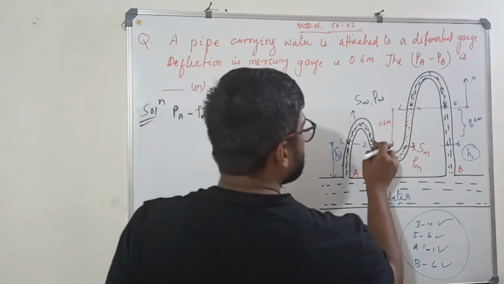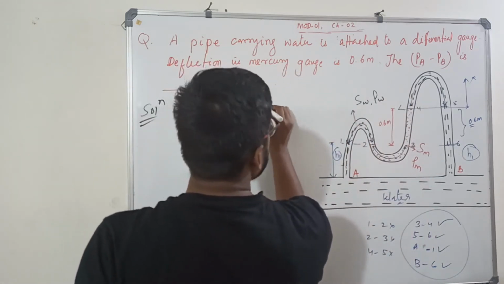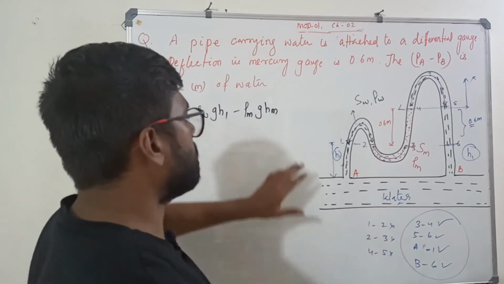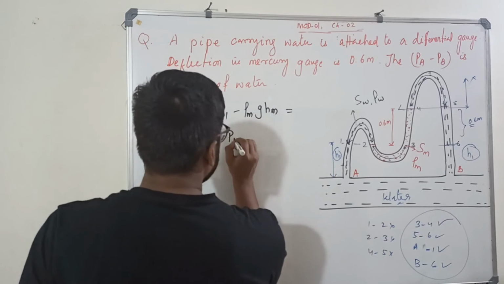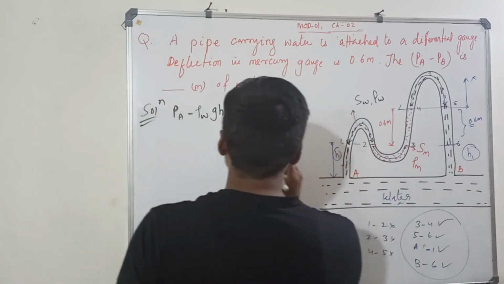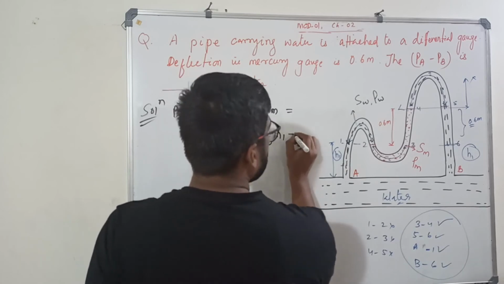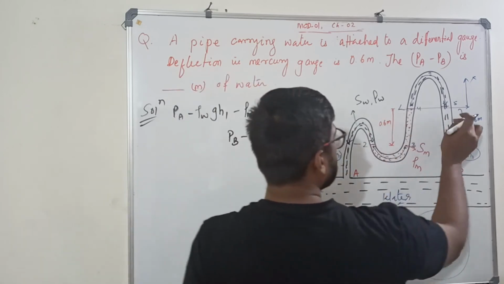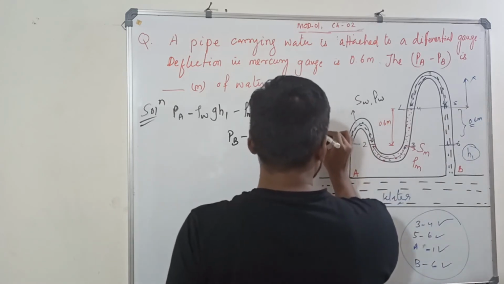So 1 to 2 cancel, 2 to 3 cancel. Only this is there. That is rho M G Hm minus rho M G Hm is equal to, write the PB minus this height. Rho W G, again the height is H1, minus what is this? Water. Rho W G of H water.